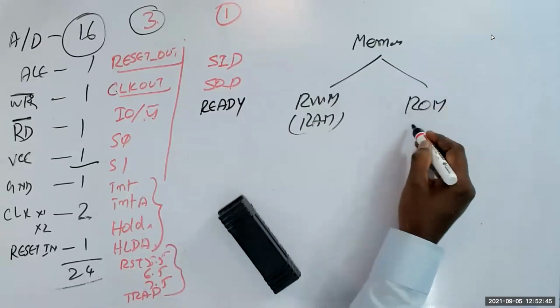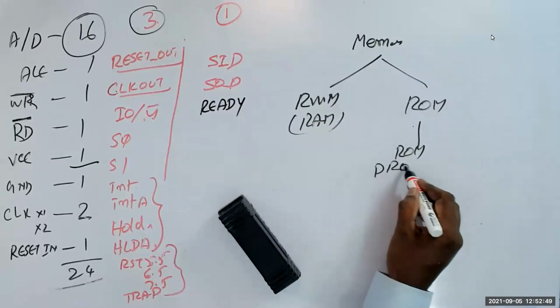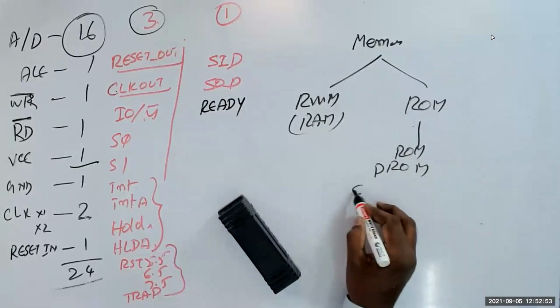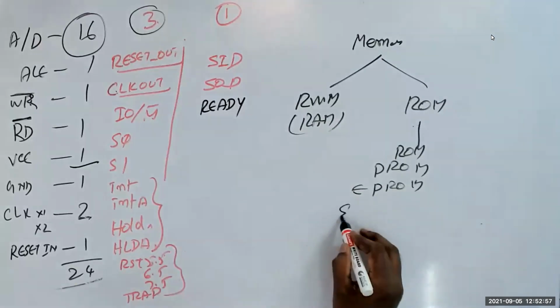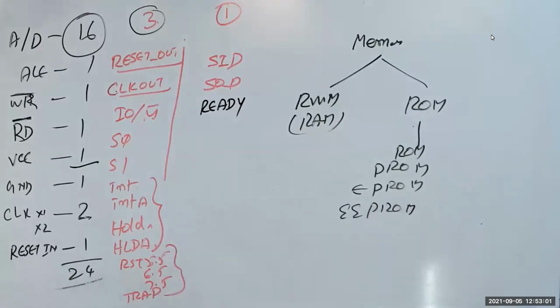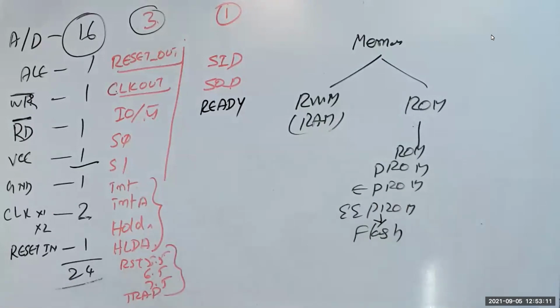Under ROM, we have ROM, PROM, EPROM, EEPROM, then Flash. Flash is a type of EEPROM.